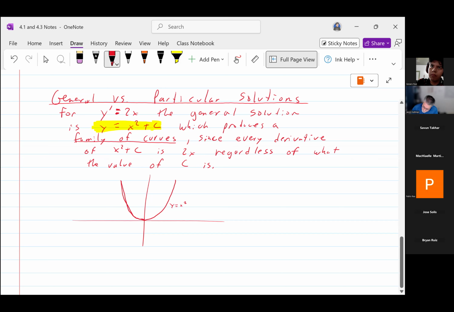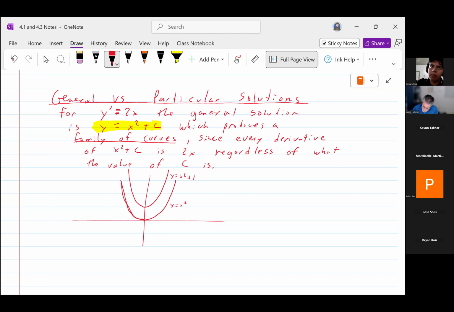And then another one would be y equals x squared plus 1. We could do y equals x squared plus a half. We could get a family of curves like so. It really depends on what the constant is.